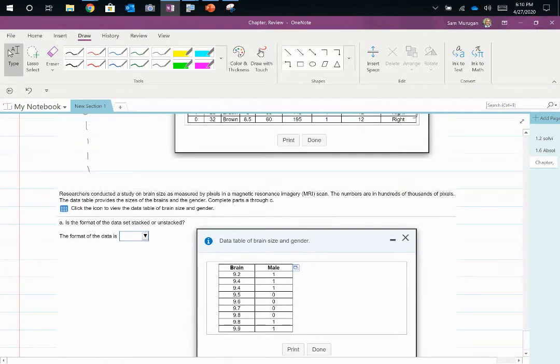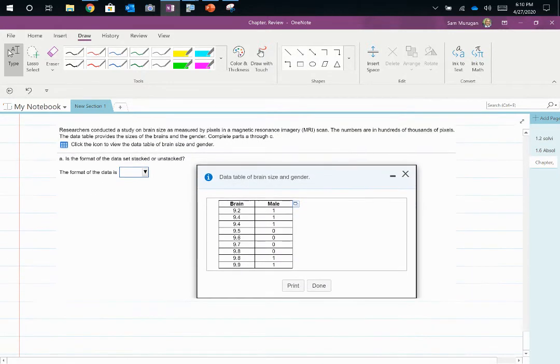Now, let's move on here. So this is asking, question continues. This question has a few parts, so we're going to go ahead and take each part here. Researchers conducted a study on brain size as measured by pixels in magnetic resonance MRI scans. The numbers are in hundreds of thousands of pixels.